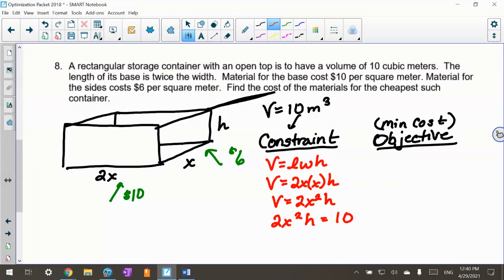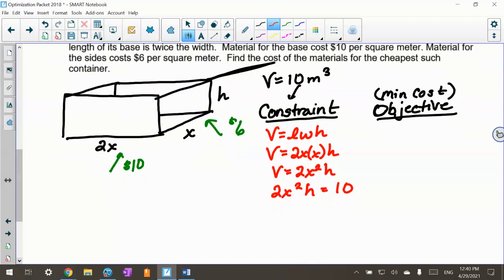What I would suggest is that you solve for h, because if you solved for x, you'd have to do a square root. So I'm going to divide by 2x squared, and I have h is 5 over x squared. I solve for h so I can do everything in one variable, and I'm going to put this into my objective after I do my cost equation.